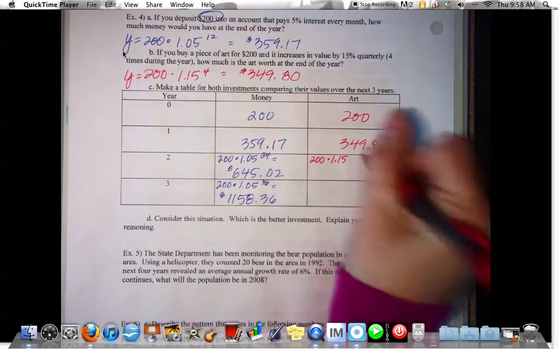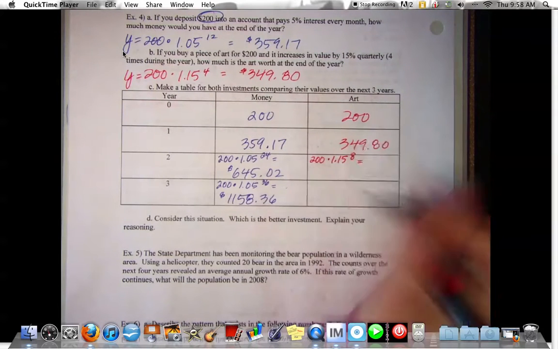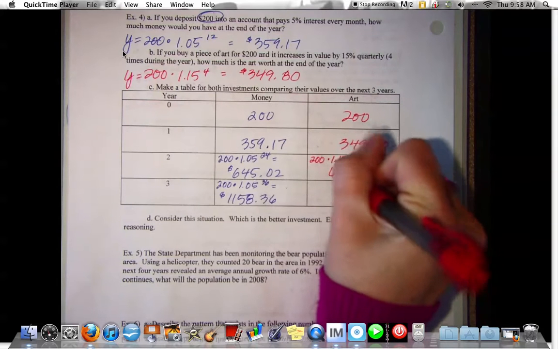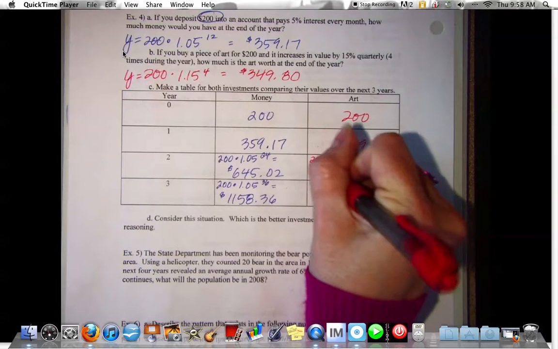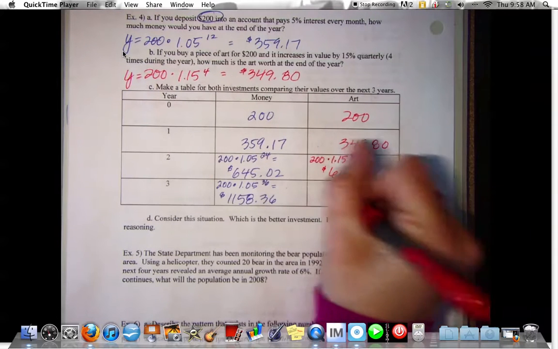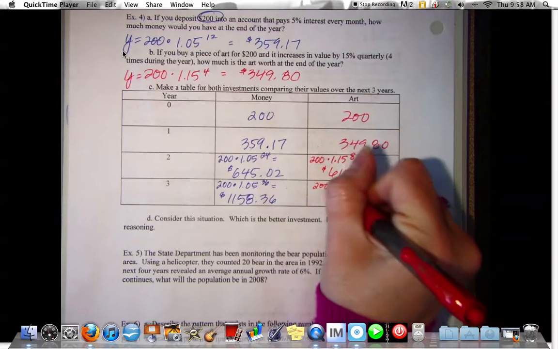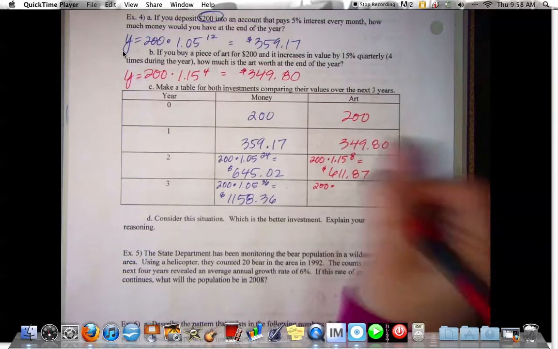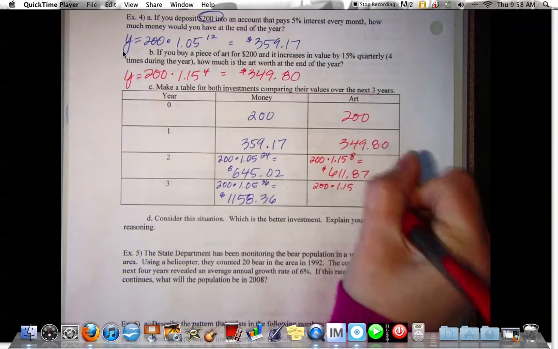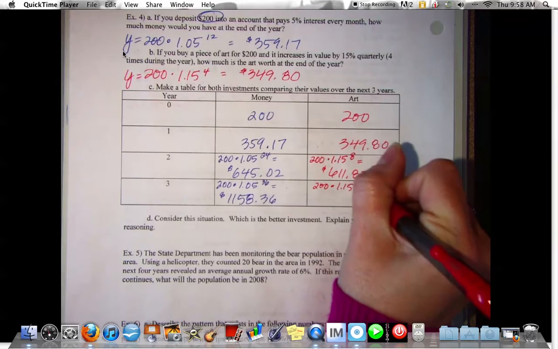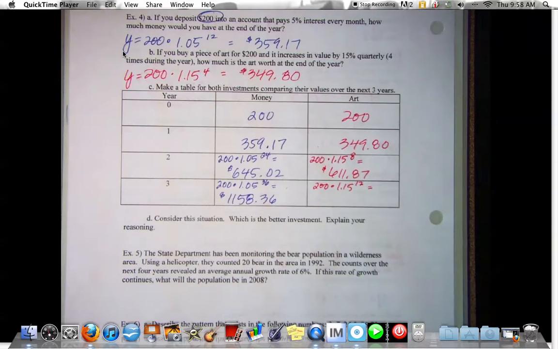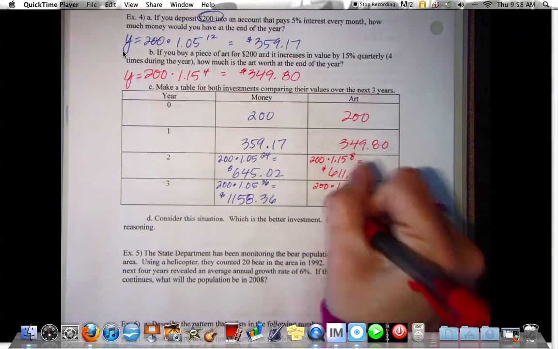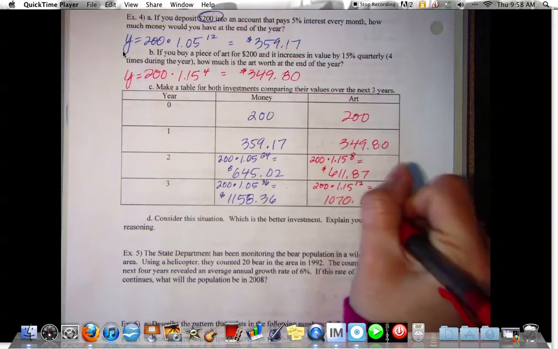Yes, quarterly, 2 years, to the 8th power. And for year 3, what's our equation? 200 times 1.15 to the 12th power. Good. And that gives us the value.